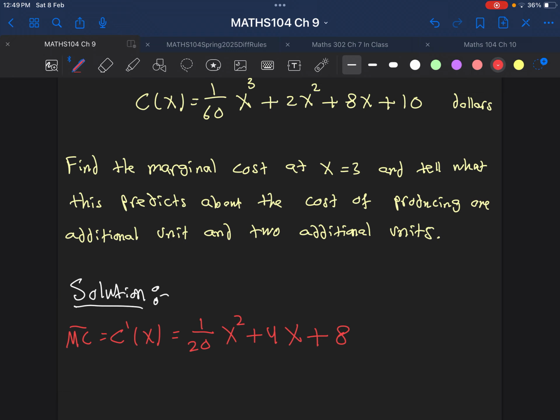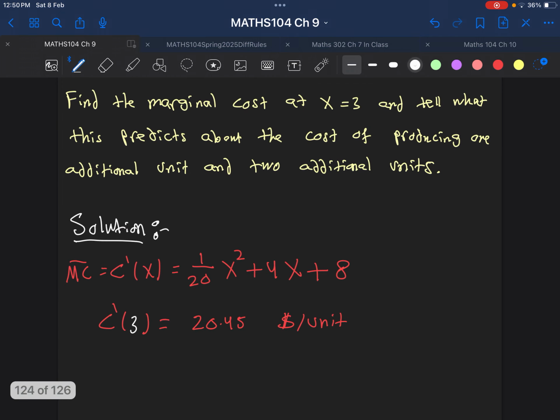Next step, we substitute 3. And now use your calculator to substitute 3 in the derivative. So the answer will be $20.45 per unit.